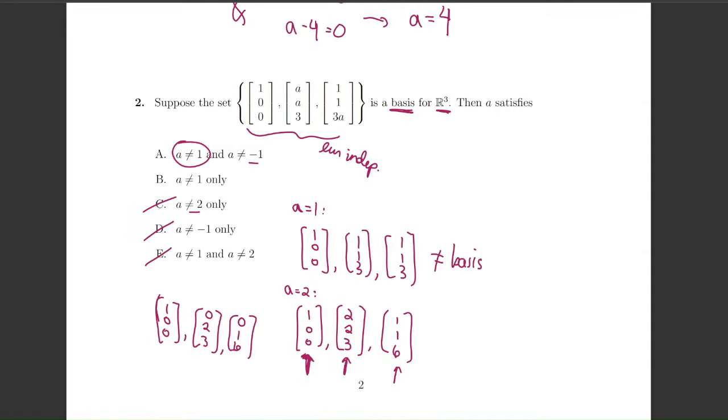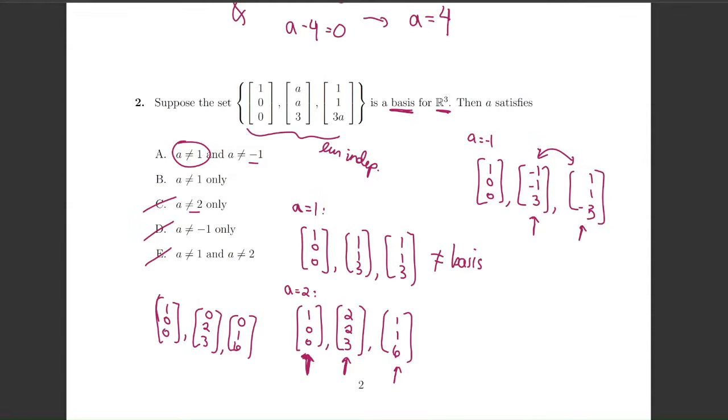And then for -1, we would have pretty much the same thing as a equals 1 except negated. So we have 1, 0, 0, then -1, -1, 3, and then 1, 1, -3. Looking at these two again, notice that they're just linear combinations of each other. We multiply this one by -1, and then we get this vector.